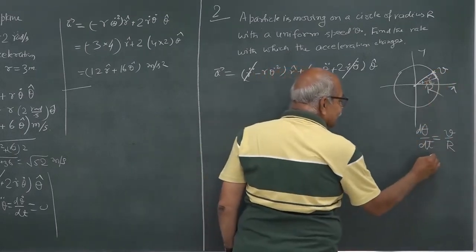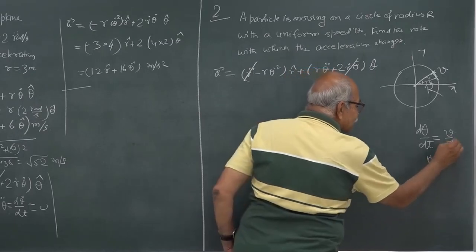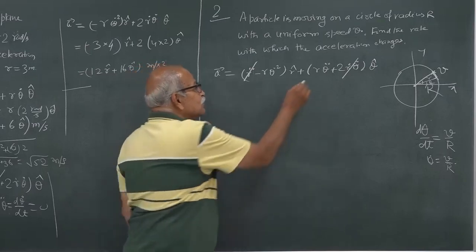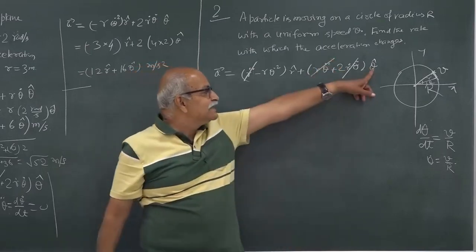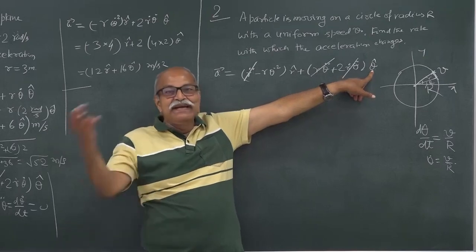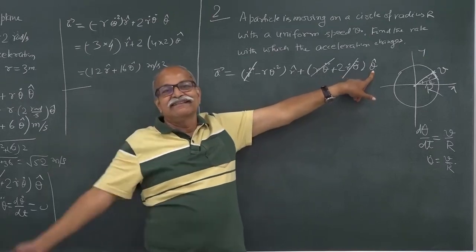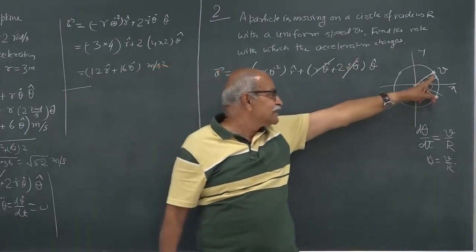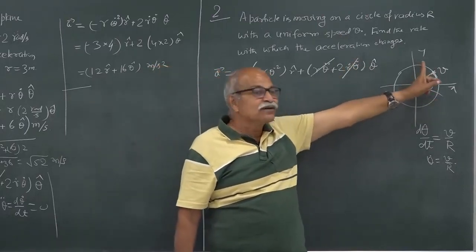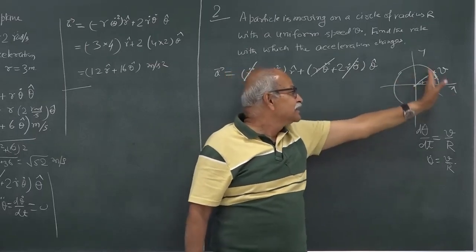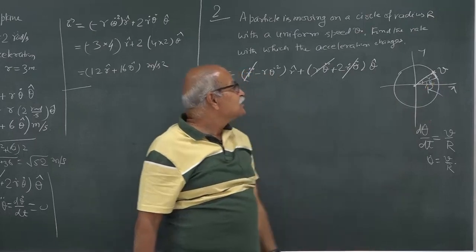So, theta dot is v by r, v is constant, r is constant, so theta double dot is 0. So, you do not have any theta cap component of the acceleration, we know it. If the speed is not changing, the tangential acceleration is 0, and here the tangential acceleration is the same as the theta component of the acceleration, because here this theta direction is actually tangent to the path.